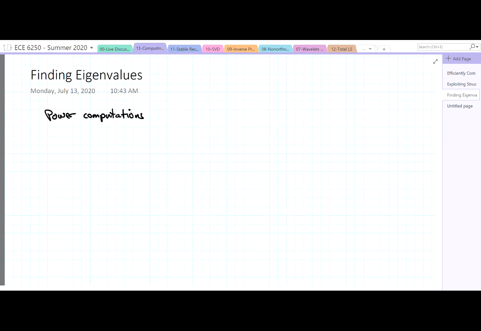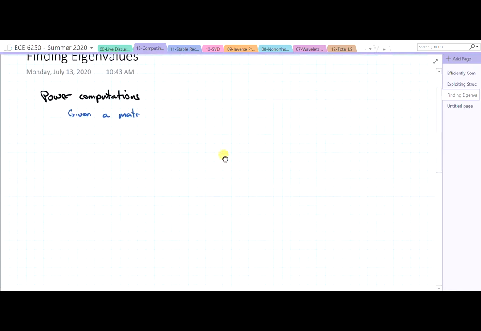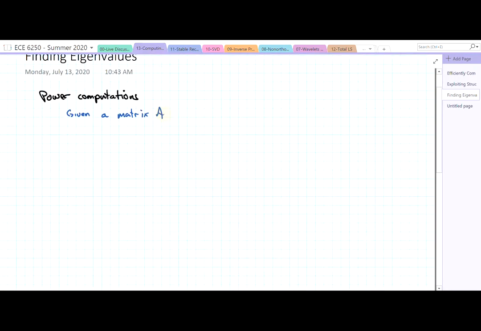Okay, assume we have some matrix A. We are going to go through a set of iterations.